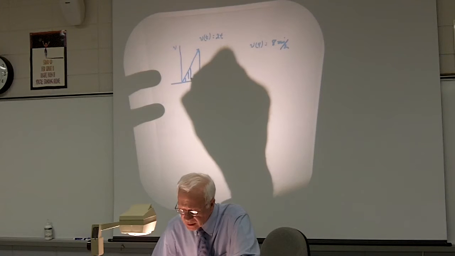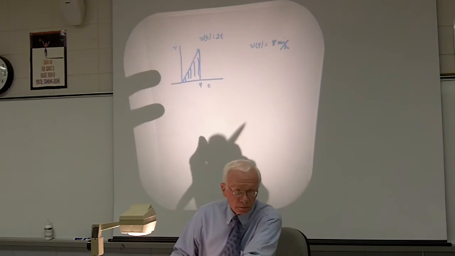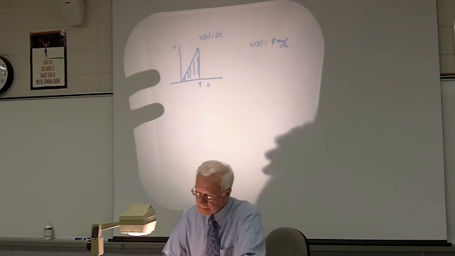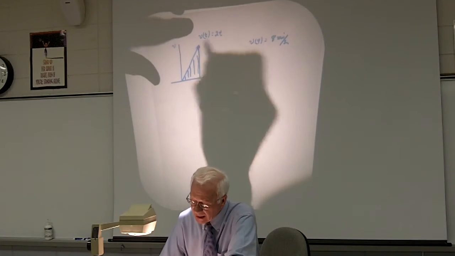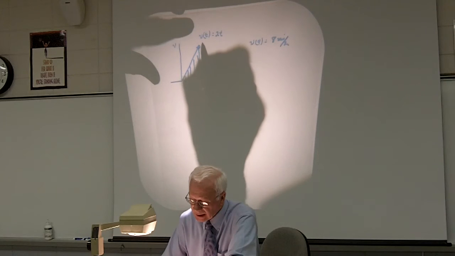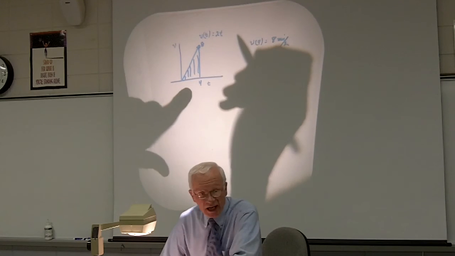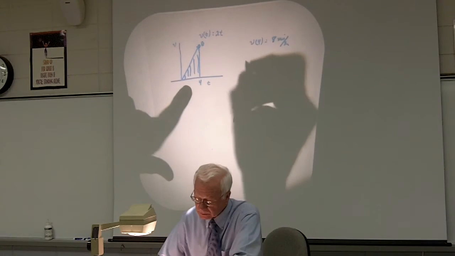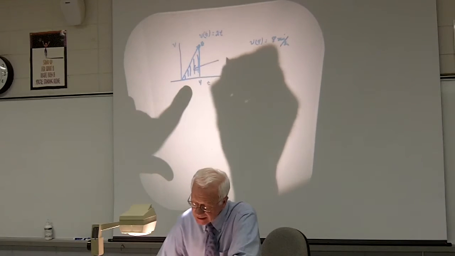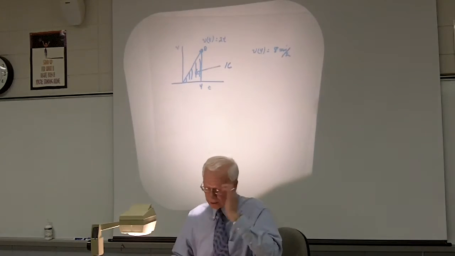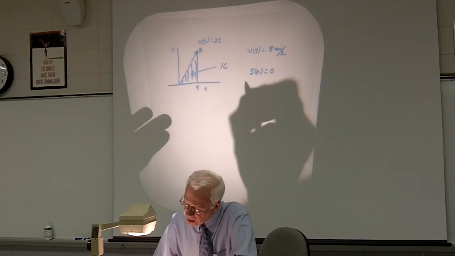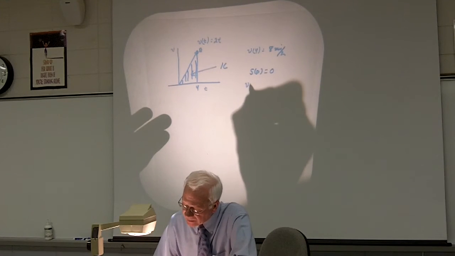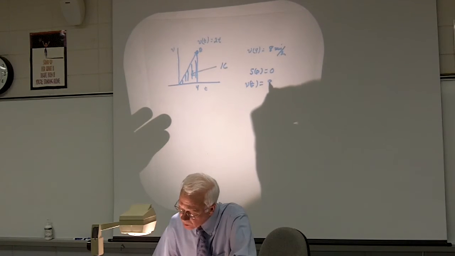Would I have this area giving me that result? Let's give it a try. You'll have half. Now, this point is how high up? It's 8 up. What's the area of that triangle? 16. So this area is 16. Now let's do our other work. What is s at 0? What is v at t, equals 2t?